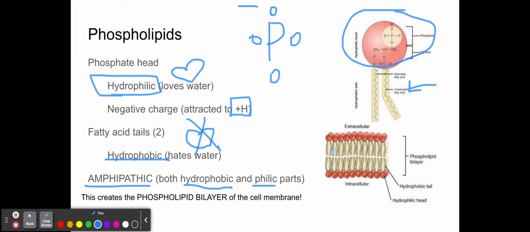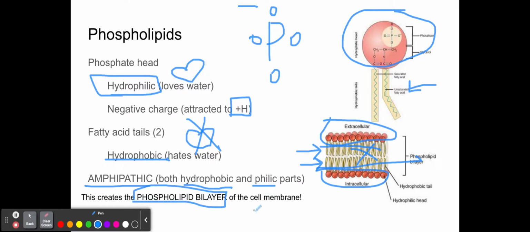When two of them are together, these two hydrophobic tails are going to come together and create like this inner chamber that is against water. It doesn't want water in there. Whereas the outsides of the phosphate heads, they love water. So this is what actually creates the phospholipid bilayer of the cell membrane.